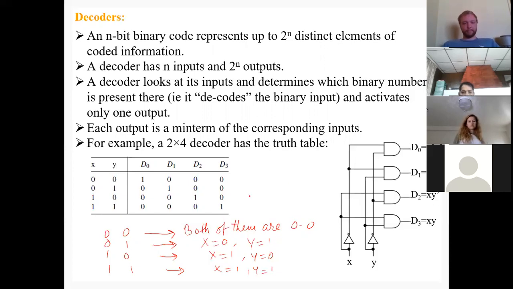Let me tell you how it says, okay? When X is 0, 0, let me show you here. When X is 0, 0, then this guy goes high, this guy goes low, this guy goes low, this guy goes low. Now what is the language this guy is talking?